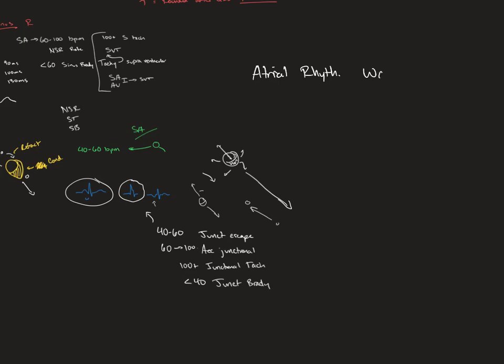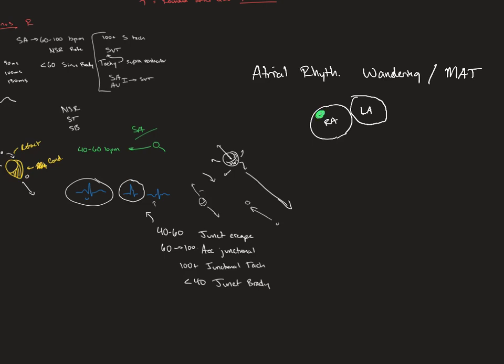Okay, so wandering versus MAT, multifocal atrial tachycardia, right? So we have reason to believe that the focus or the foci are in the atrium, or I guess even in the atria. So this is going to be our left atria, and this is going to be our right.